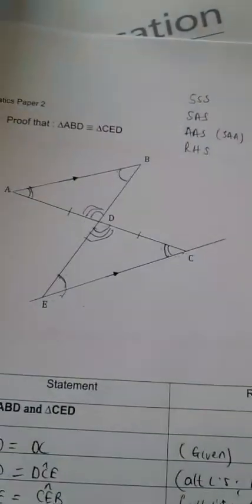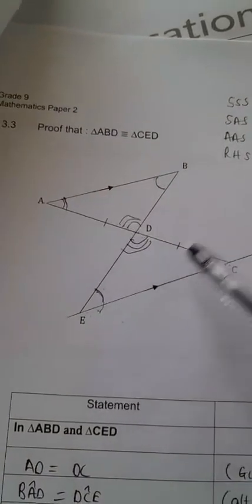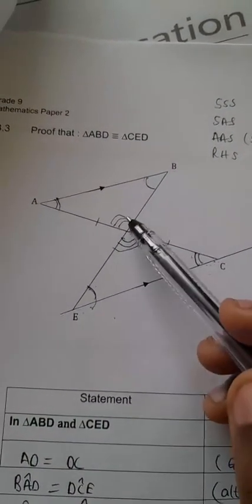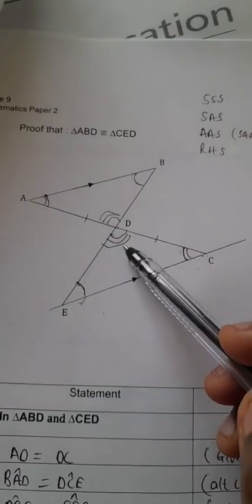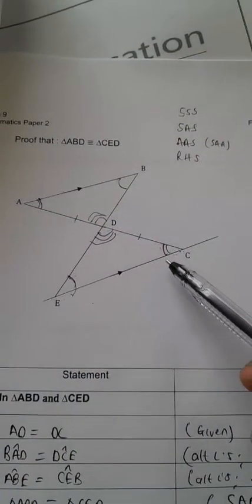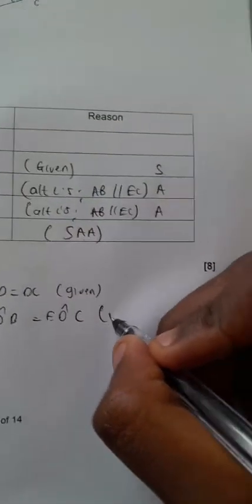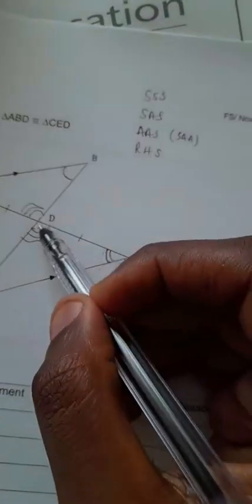Now, do you see what I have so far? I have this side for the respective triangles, and I have this angle for the respective triangles. Then, at the end, someone else could have said, in actual fact, this angle is equal to this angle. In other words, angle A, yes, let's not forget the reason. The reason why we said this angle is equal to this angle.